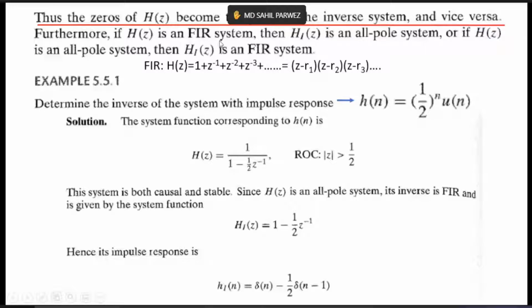FIR सिस्टम में हमेशा जीरो रहता है, क्योंकि FIR में क्या है, सिर्फ वन साइडेड, मतलब present input are considered.